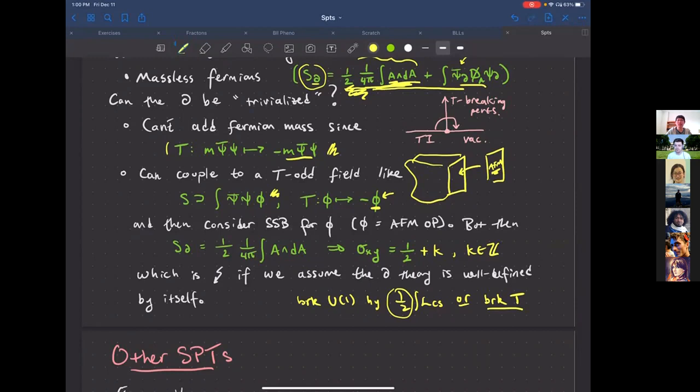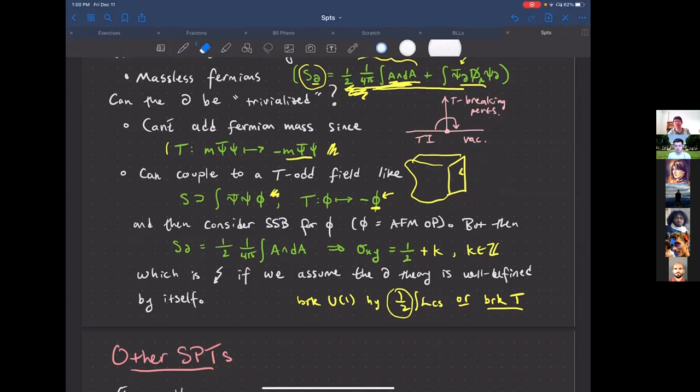Maybe to add on to what Dan was saying, I should emphasize that the S in the SPT is really a symmetry of the whole system, not just of the bulk.